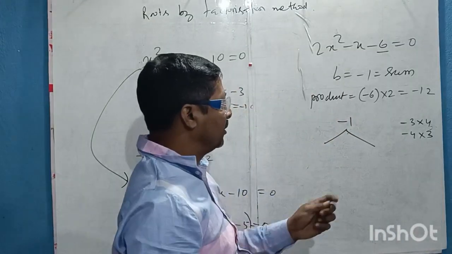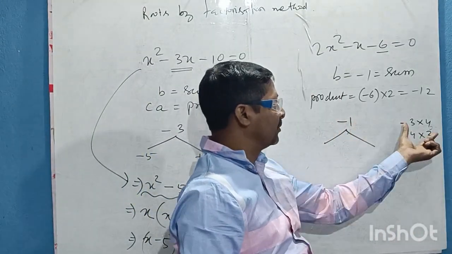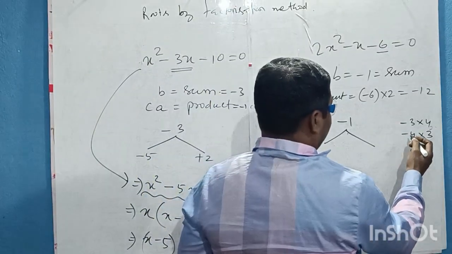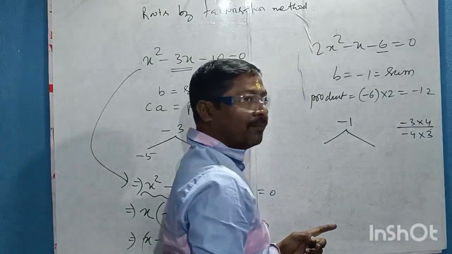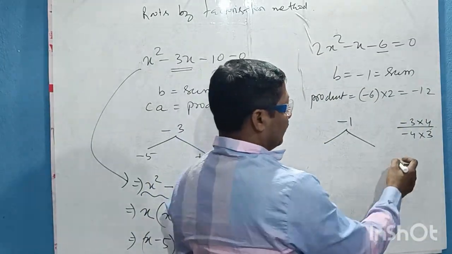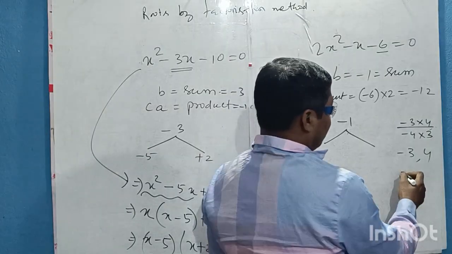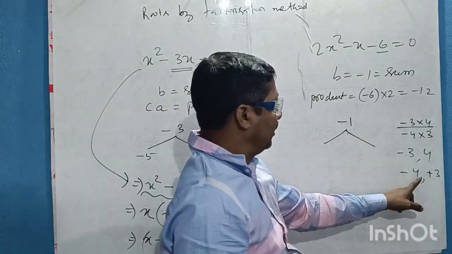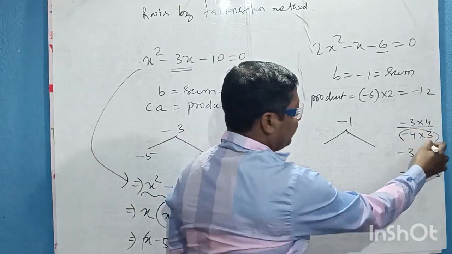Because the difference must be 1, so that I will get minus 1 easily from this. By taking these two, I am not getting minus 1 as the sum. Minus 3 and 4, the sum will be plus 1. But by taking minus 4 and plus 3, I am getting minus 1 as the sum. So I will take this one.